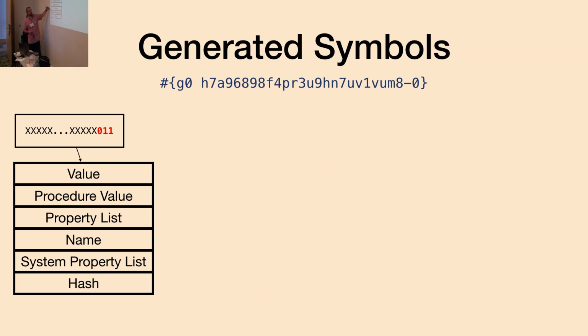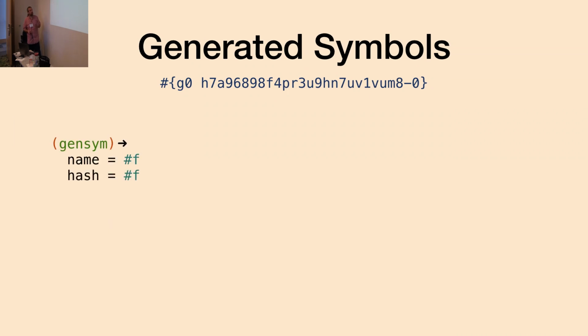But when you create a gensym, the name and the hash field are treated a little specially. So if I call just straight up gensym, which is how I got this value up at the top of the screen, it puts a false in for the name and a false in for the hash. And this gensym is not put on the oblist because, I mean, how would you get at it anyway? We can't talk about it. It doesn't have a name.